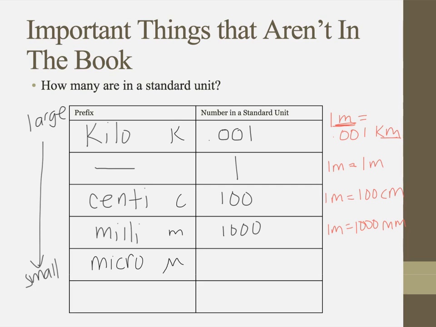And there are 1 million micrometers in a meter. So 1 with 6 zeros, 1 million. So 1 meter equals 1 million micrometers.